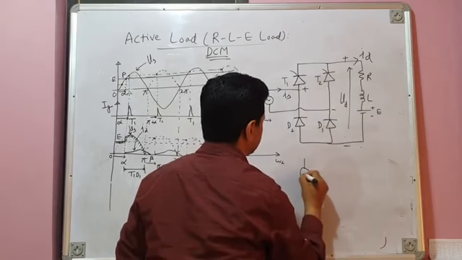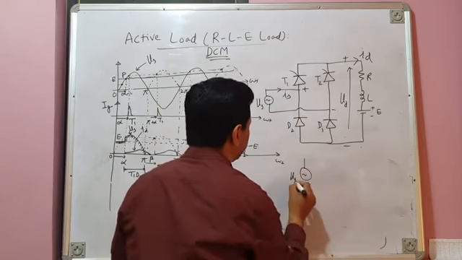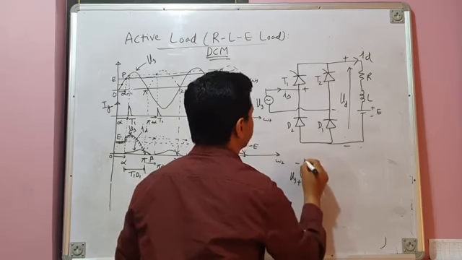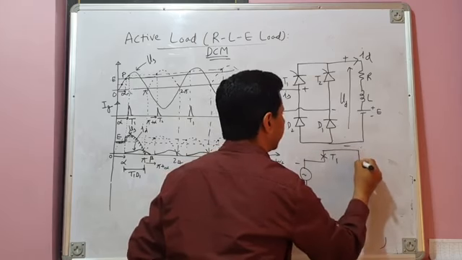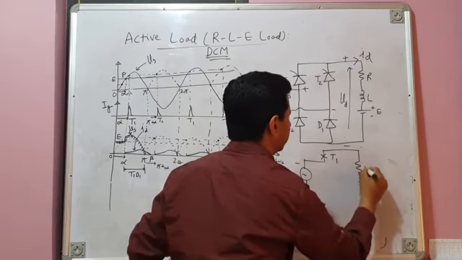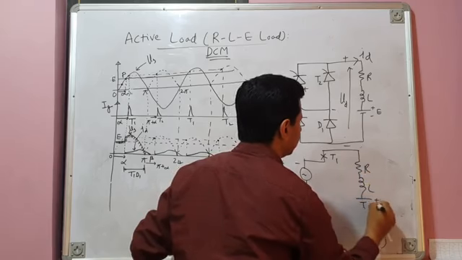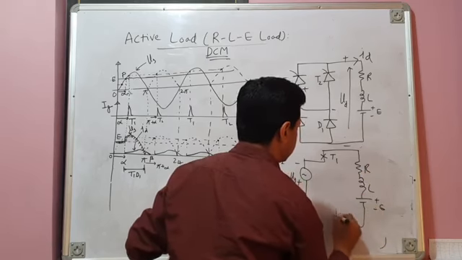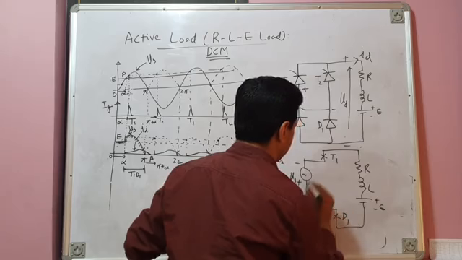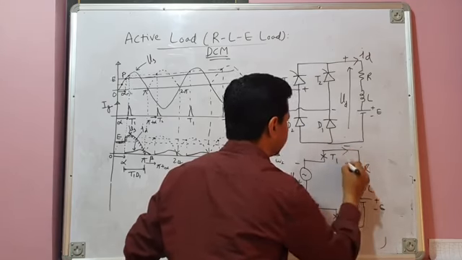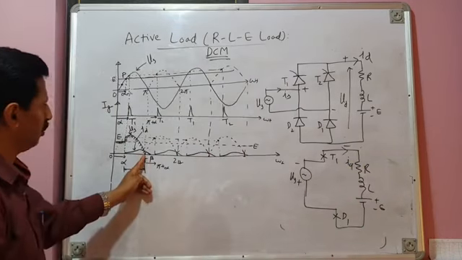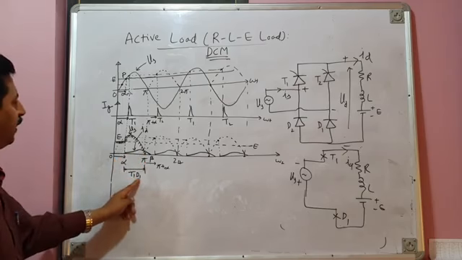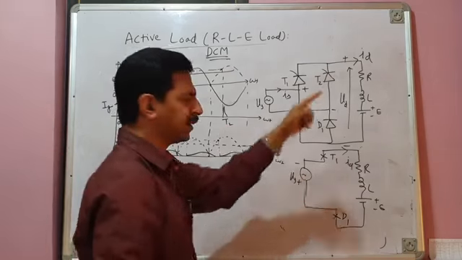This is your source voltage. After omega t equal to pi, your source voltage becomes negative. One path is this, T1 will continue to conduct because it was previously conducting. This is your RLE load, and this is D1. So your load current can continue to flow through T1 and D1 after omega t equal to pi. Up to omega t equal to pi, T1, D1 is conducting, no problem, current is flowing.